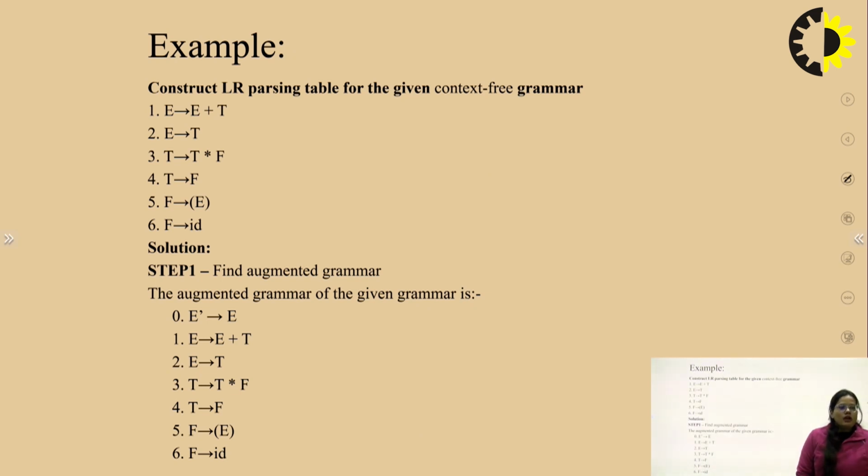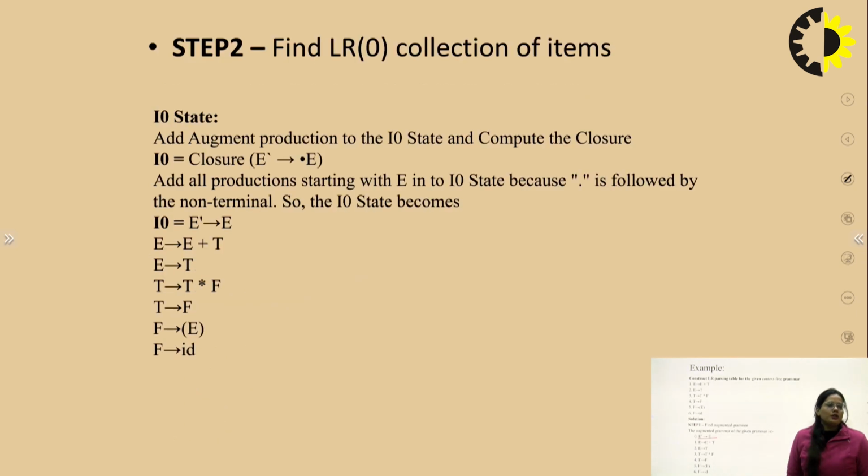So, first of all, we find the augmented grammar. Augmented grammar means we introduce a new production rule, E dash implies E. Next, we give a number to all productions: 0, 1, 2, 3, 4, 5 and 6. These are the numbers of the production rules.